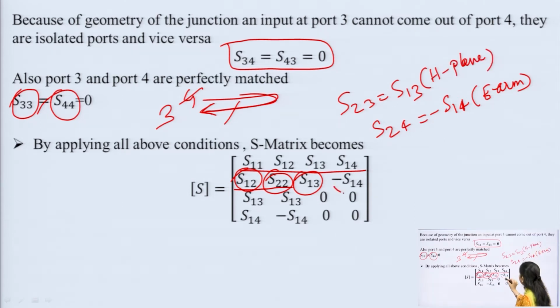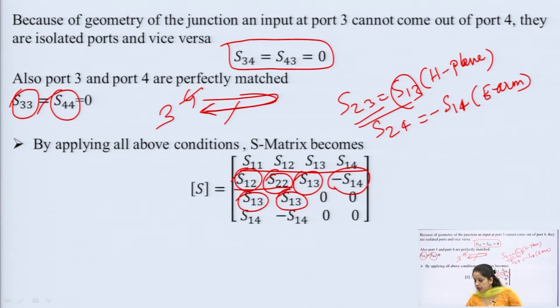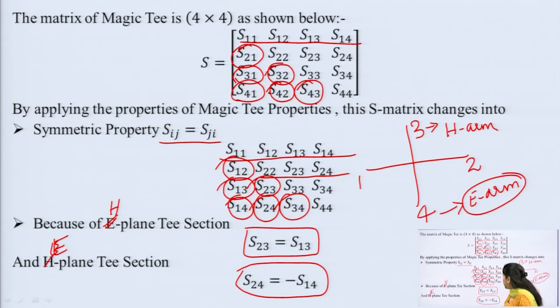So, S24 should be equal to minus of S14. Similarly, S31 is equal to S13 as per the symmetry. So, here we have S23 which is replaced with S13, and S33 should be equal to 0. And similarly, S33 should be equal to 0 as per the matched condition.